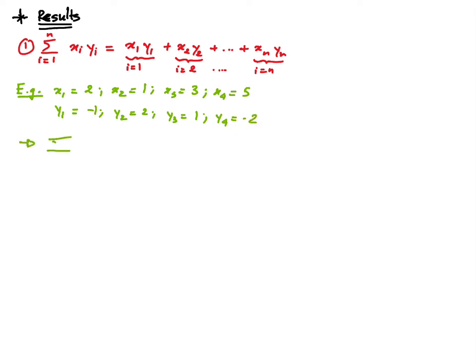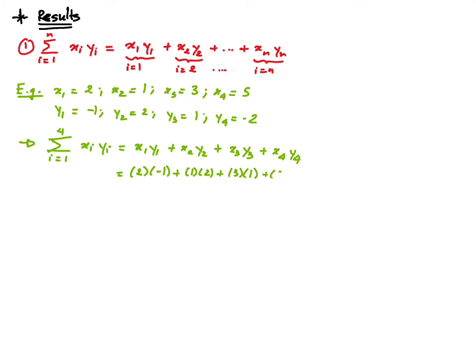Then the summation of xi times yi for i going from 1 to 4 is equal to x1 times y1 plus x2 times y2 plus x3 times y3 plus x4 times y4. So if you plug in numbers from above, you have 2 times negative 1 plus 1 times 2 plus 3 times 1 plus 5 times negative 2.